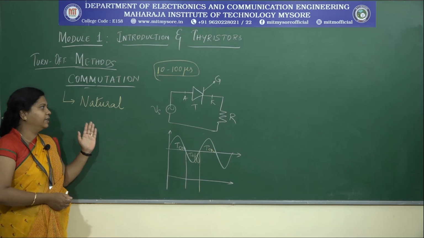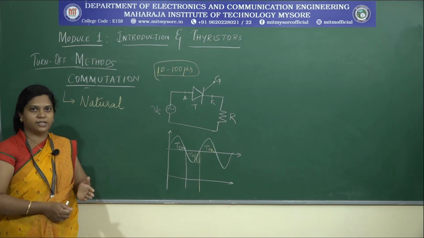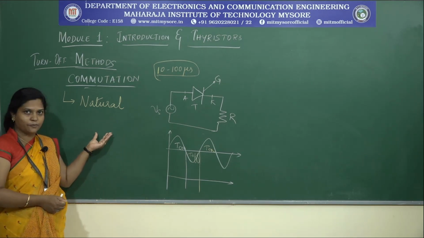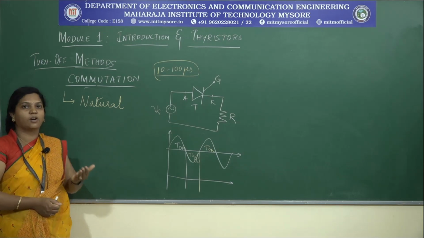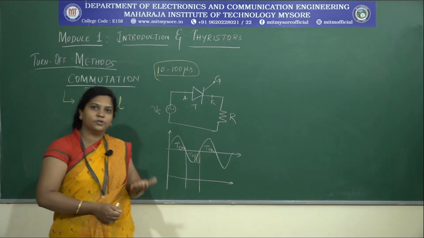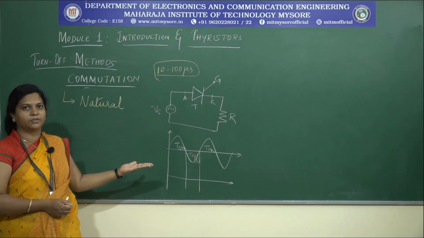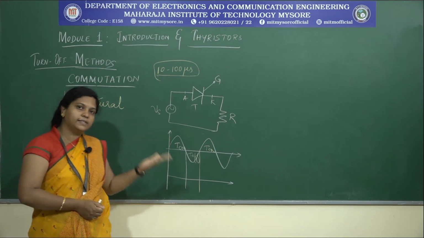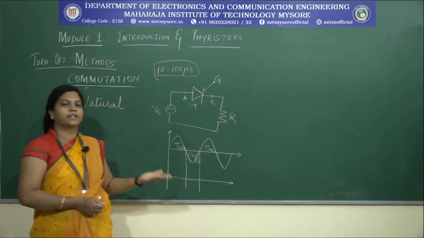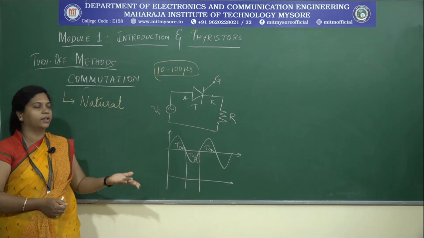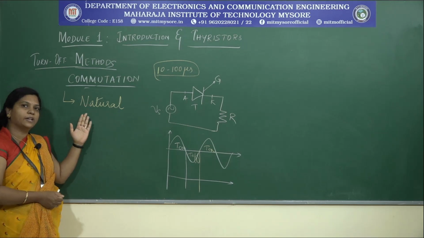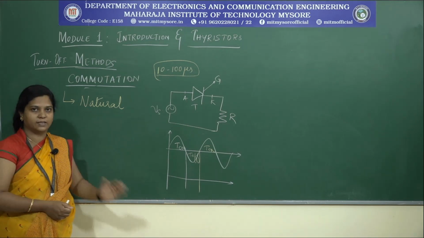For example, in a rectifier circuit, it is a natural process of commutation. In a voltage regulator or a cycloconverter, which we have already discussed in detail, natural commutation also takes place. So, in these two types of applications, cycloconverters and AC regulators, this natural commutation process takes place.